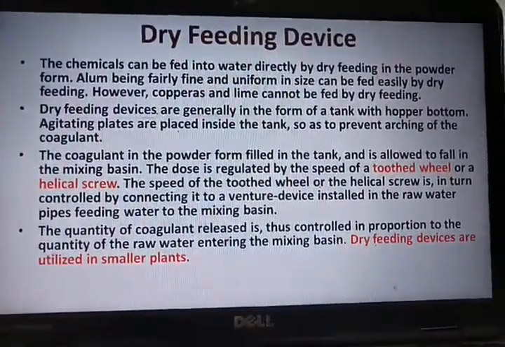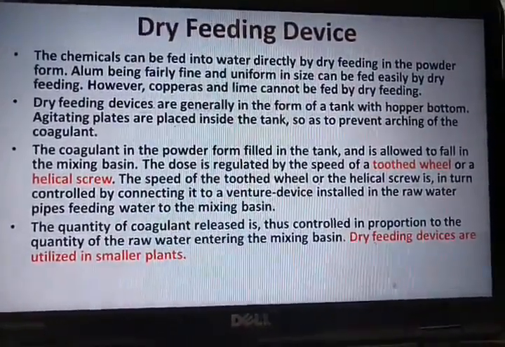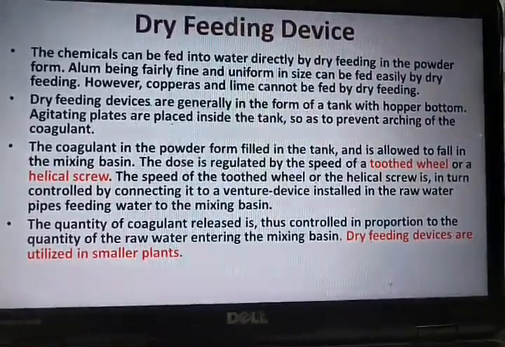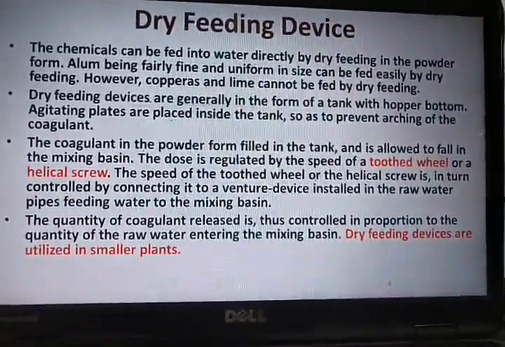As the name itself suggests, dry feeding devices are those wherein the coagulant or any other chemical is directly mixed in the water.